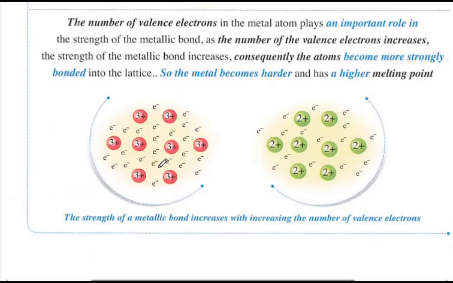So here this is a metal with 3 electrons and metals with 2 electrons in the outermost shell, and as the number of valence electrons increases, the strength of the metallic bond increases, so the metal itself becomes very hard.